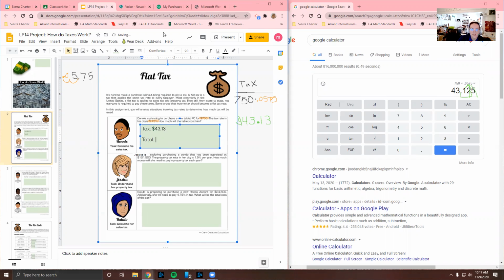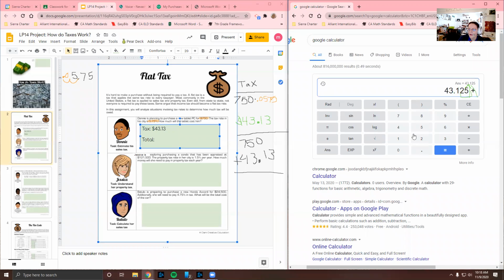The next thing we want to figure out is the total cost here. So to find the total, you take the original price, your original $750 plus the amount of tax we pay, plus our $43.13. Okay, add those up. Come on over to our handy dandy calculator.